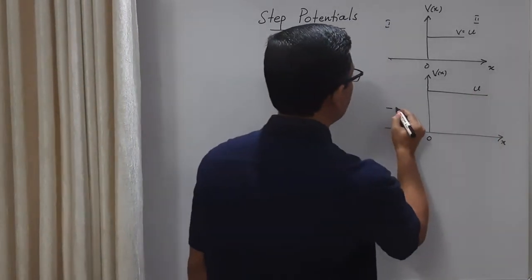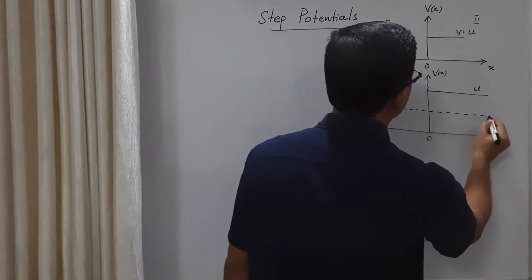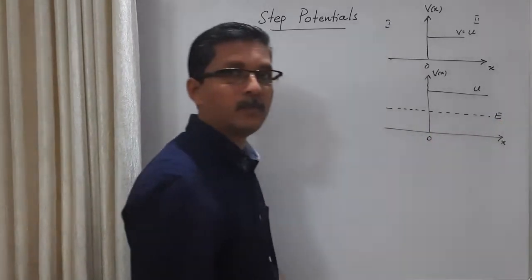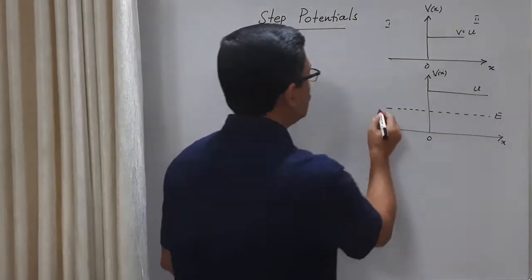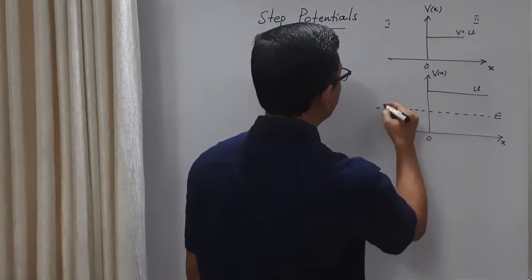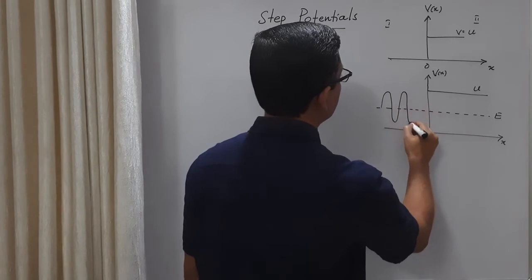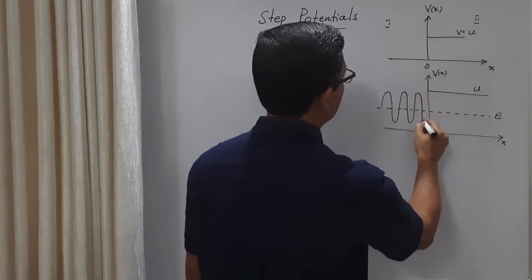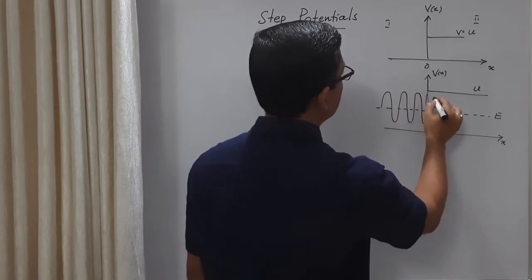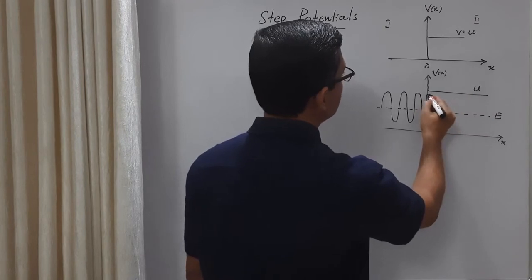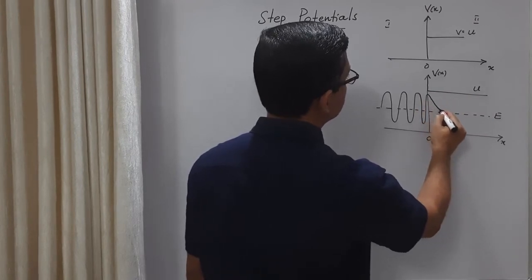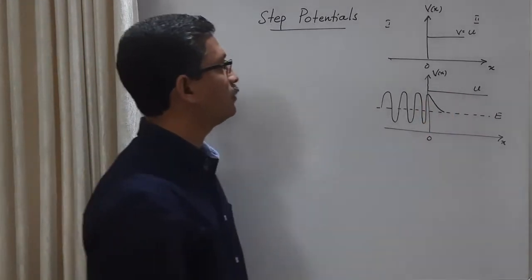Total energy is less than potential energy, so let us say this is the total energy of the particle. So in region 1, the particle is oscillatory. There is a traveling particle. But when you come to region 2, its wave function exponentially decreases. So this is the plot.